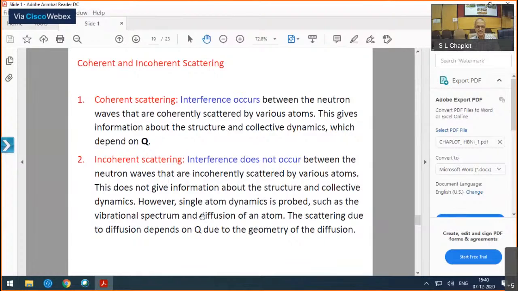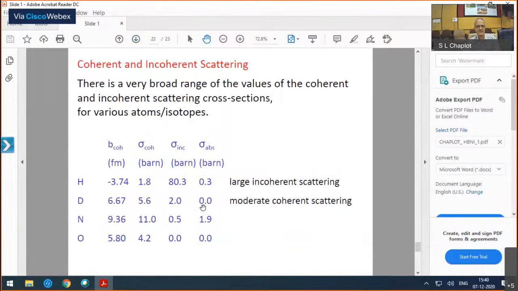But if the incoherent scattering is very large, then you can get the information about the diffusion from this particular atom. Therefore this property is used to determine the diffusion involving hydrogen atoms or even molecules containing hydrogen atoms, and it gives a very good scattering cross section to study the stochastic dynamics of the systems.